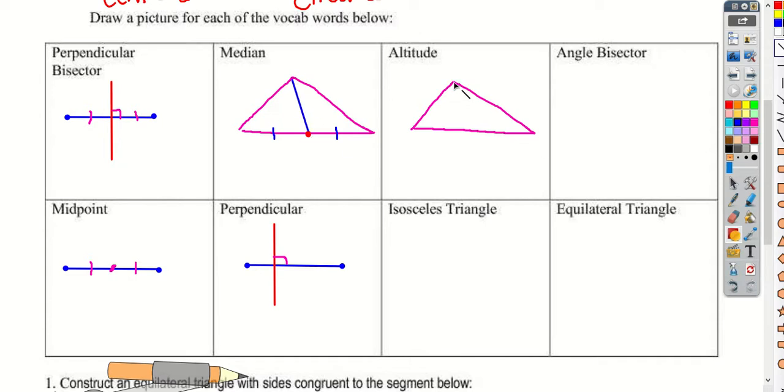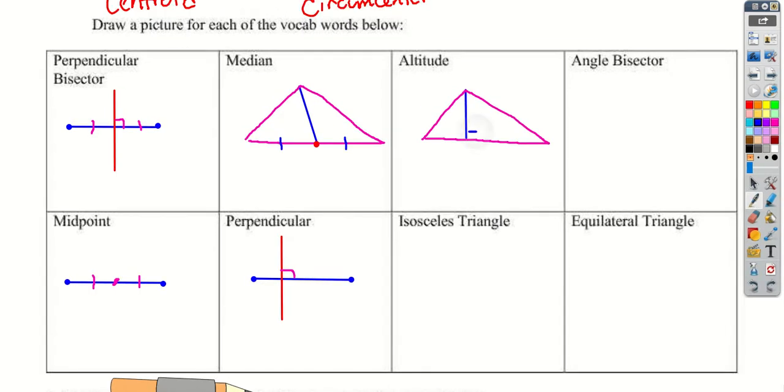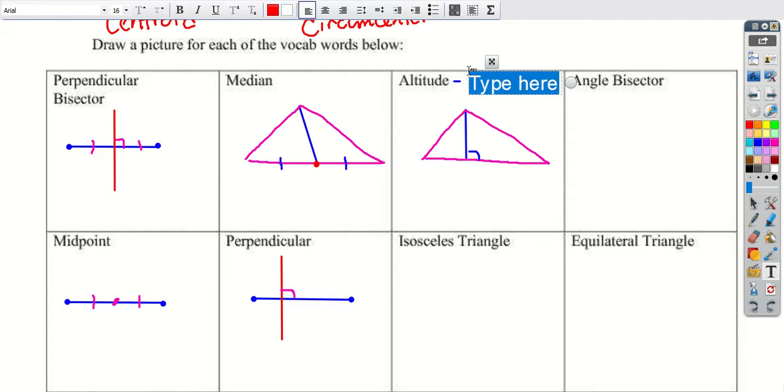The altitude is a line that gets drawn from the vertex and goes straight across to the other side. When this line hits this side, okay, it is going to create a 90-degree angle right there. That's what an altitude is. It's the height of the triangle. So when you think altitude, all right, I want you to think height of the triangle.